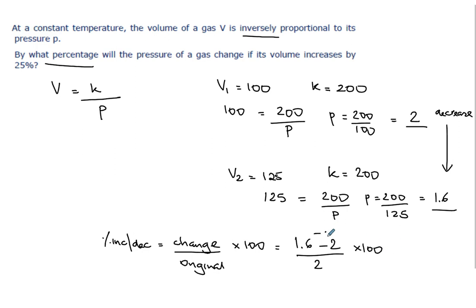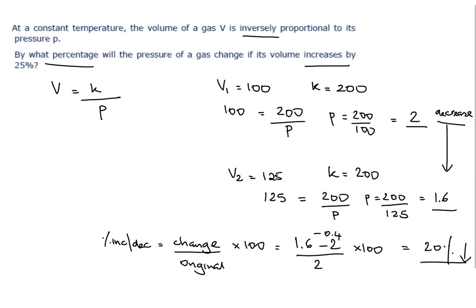So that'll be minus 0.4, and that will give you 20%. Good. So that makes sense, doesn't it? If it's inversely proportional and the volume increases, then of course the pressure will decrease. So it's going down.